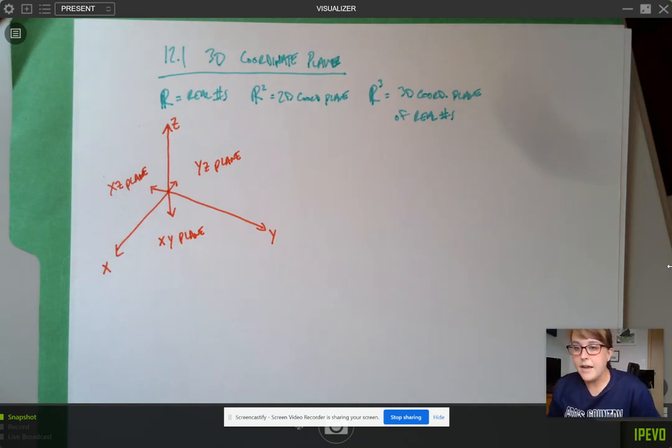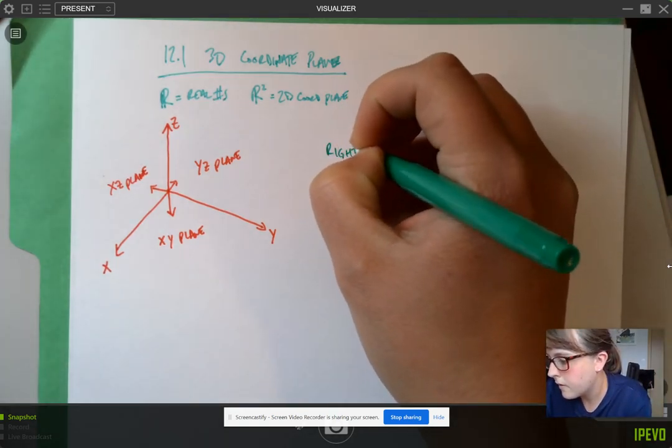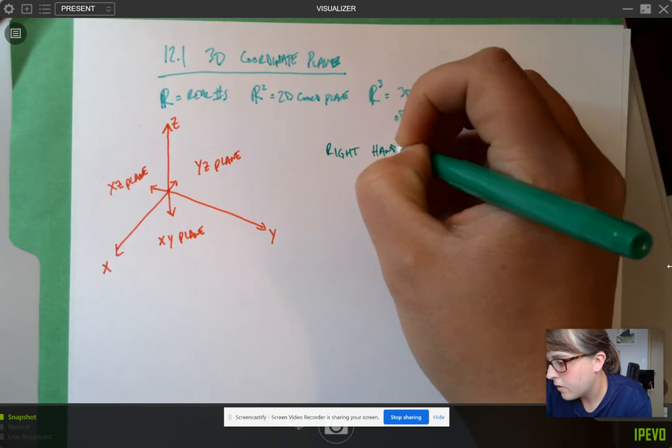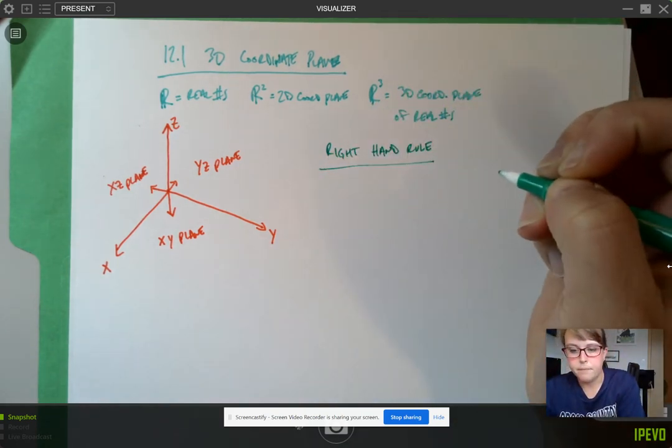Also, the direction of the positive z-axis is determined by something called the right-hand rule. You might have heard of the right-hand rule before in a physics class or something. If you've talked about vectors before, you might have thought about it.